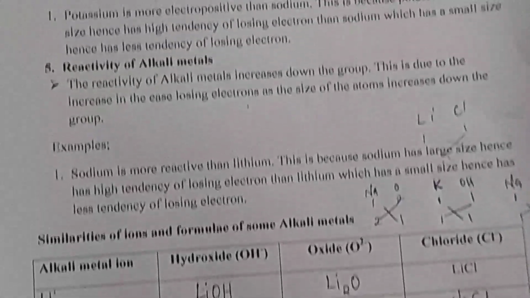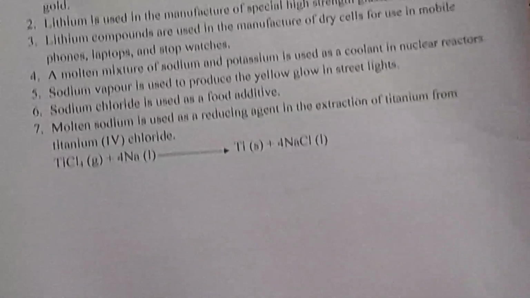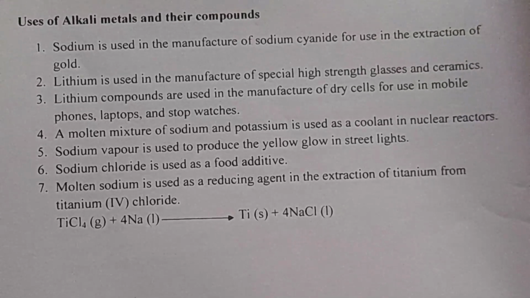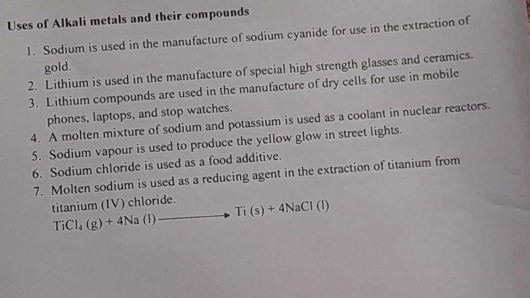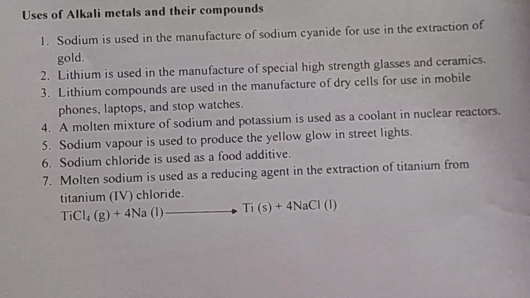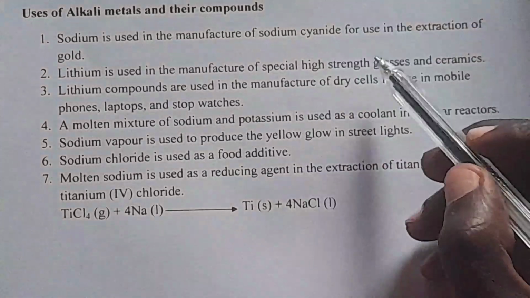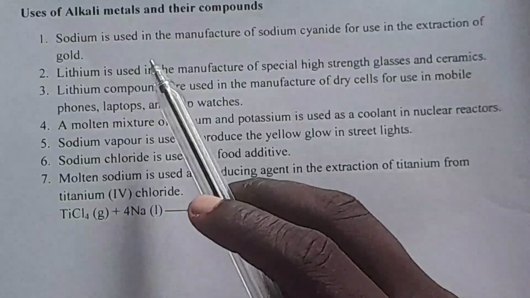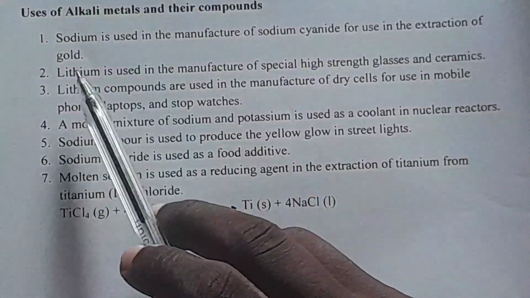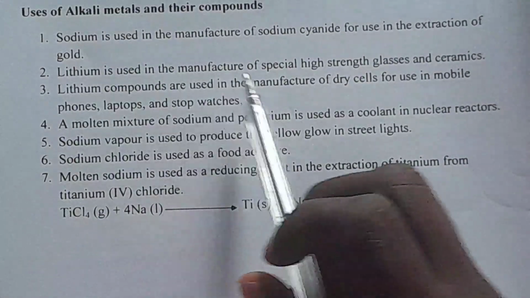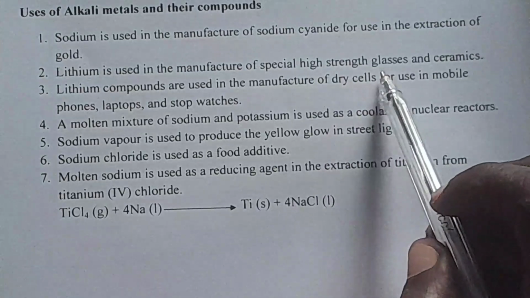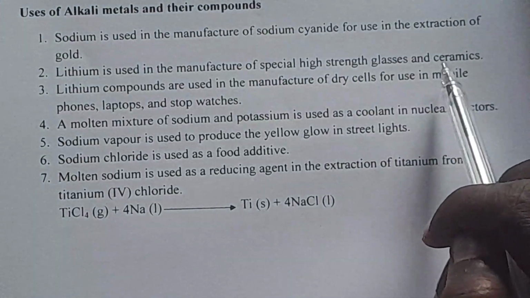Next, we are going to go to uses of alkali metals and their compounds. Starting with number 1, sodium is used in the manufacture of sodium cyanide for use in the extraction of gold. Number 2, lithium is used in the manufacture of special high-strength glasses and ceramics.